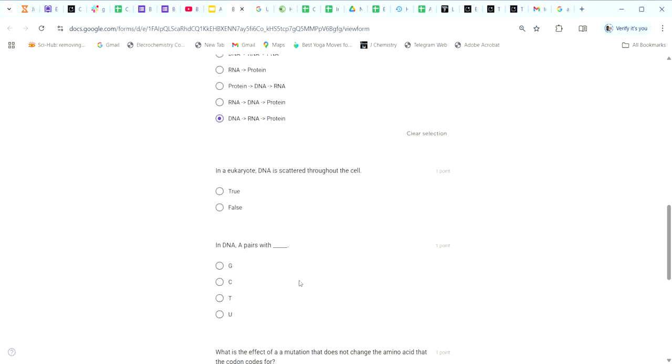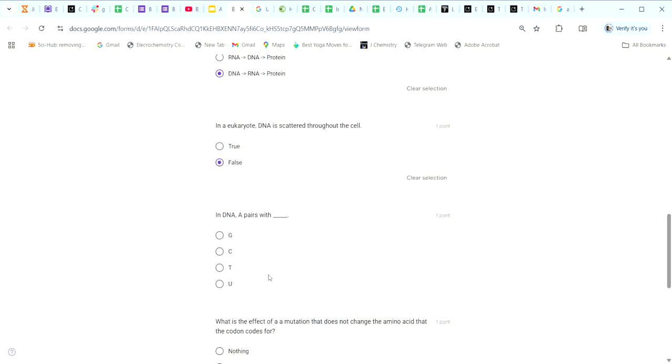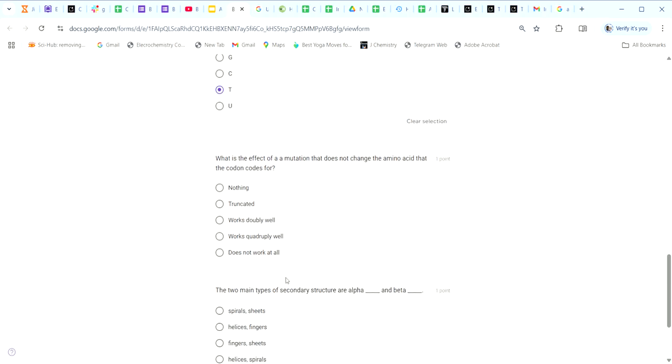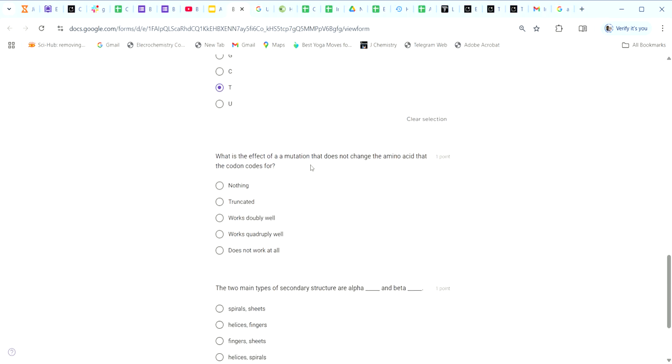In eukaryotes, DNA is scattered throughout the cell. False. In DNA, A pairs with thymine. What is the effect of a mutation that does not change the amino acid that the codon codes for?